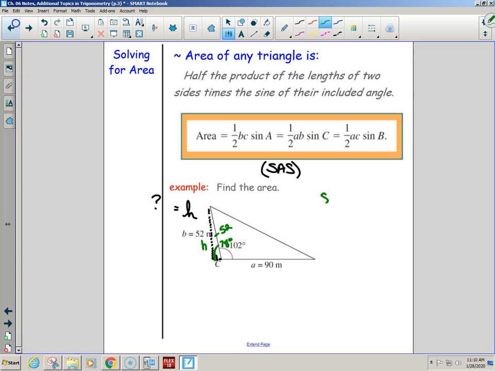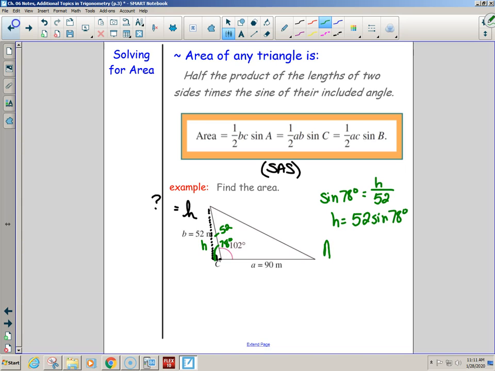So we could go ahead and do sine of 78, which is that angle on the other side towards the altitude, is equal to opposite, the guy I don't know, over hypotenuse, the guy I do know. I could actually figure out my height with a quick geometry setup.